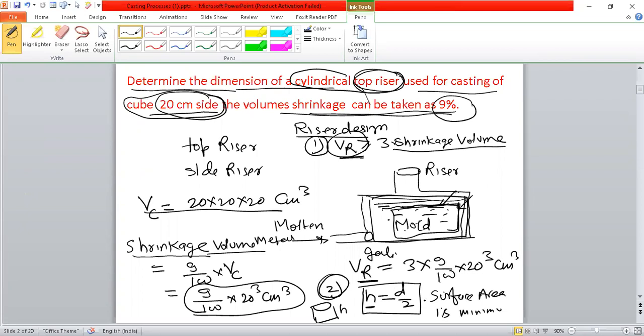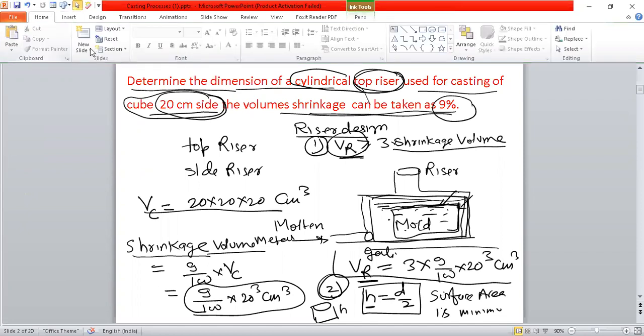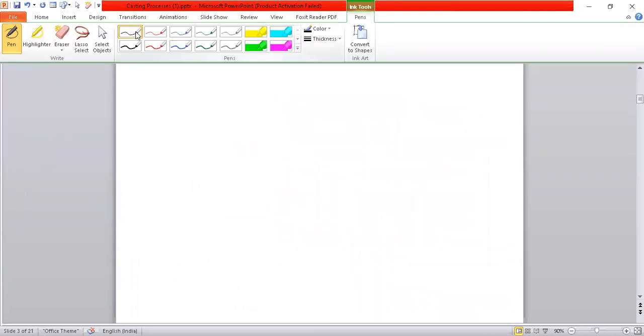So you know the volume of riser. Now calculate the volume of riser. That is 3 into 9/100 into 20 cube centimeter cube.